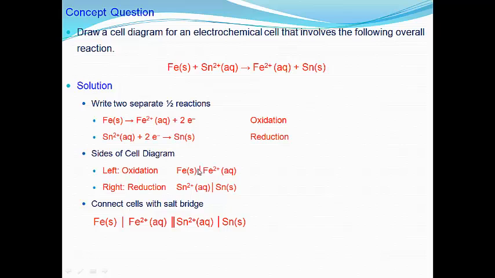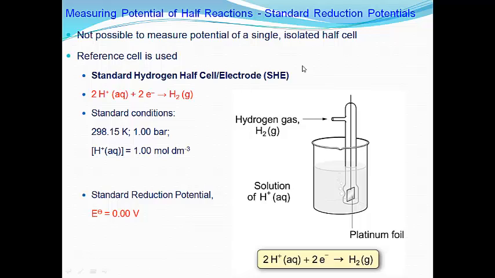Of course, in both cases they're separated by the boundary, and then we connect the cells with the salt bridge, showing the left side connected by the salt bridge with the right side. And this essentially is the cell diagram for an electrochemical cell for the oxidation reduction reaction shown here.